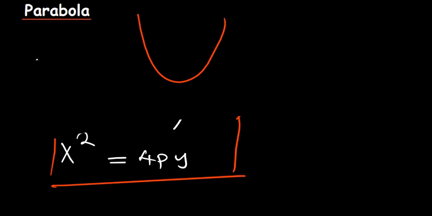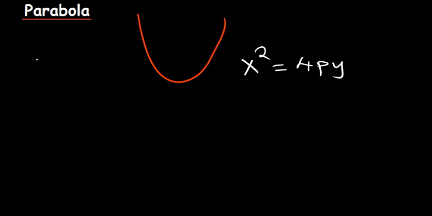So the equation for that parabola is x squared equals 4py. And as you might guess, if we're to flip it, the key understanding is the focus should always be on the open side. So if we flip it like this, the focus is going to be downwards there. Now if we do flip it, the equation becomes what?